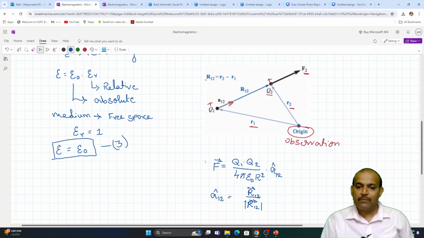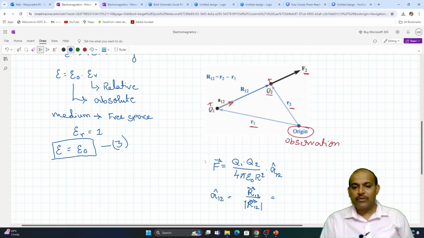In the previous video, I defined what a unit vector is, and I will post the link of that video in the description. So unit vector a12 is equal to the vector r, the distance between those two, divided by its magnitude.